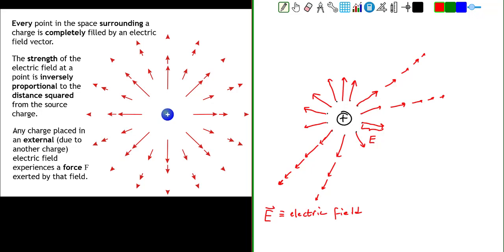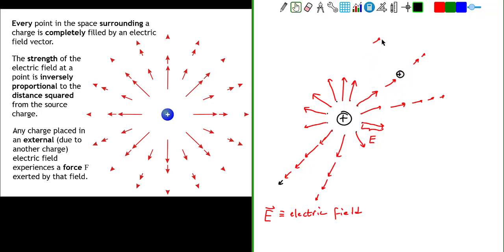Any charge that we place in an external electric field will experience a force due to that field. Let's place another positive charge somewhere in this electric field. I'll place another positive charge right here. That positive charge is experiencing a repulsive force from the electric field produced by the other positive charge. That repulsive force is in the direction of the electric field vector at that point.